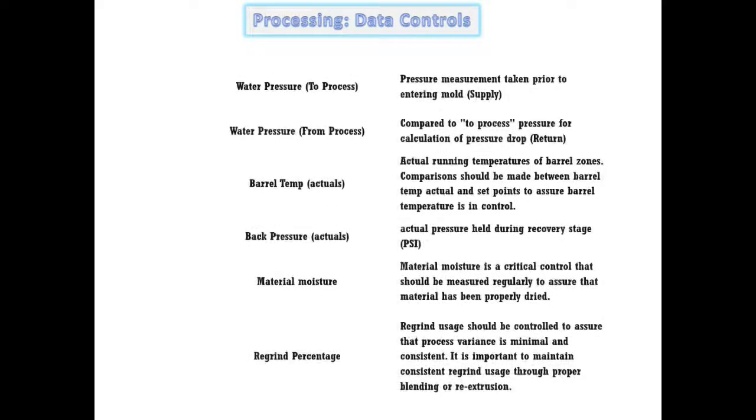Other data controls that we're going to watch is the water pressure to and from process. To process is, of course, your supply, and then from would be your return. The reason you do that is you want to look at the pressure drop.